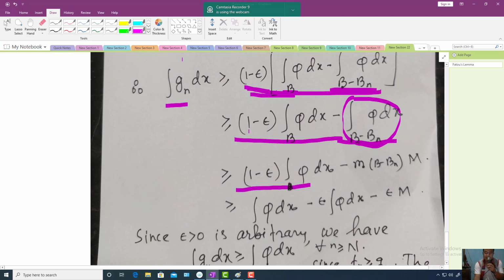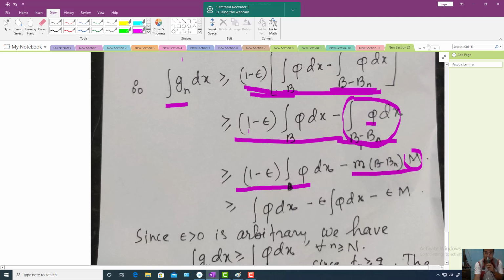Then, from here, phi is dominated by m. M is the largest value phi can take. So again the bigger one is taken out: phi is replaced by m, then this integration is equal to m times the measure of this set b difference bn.